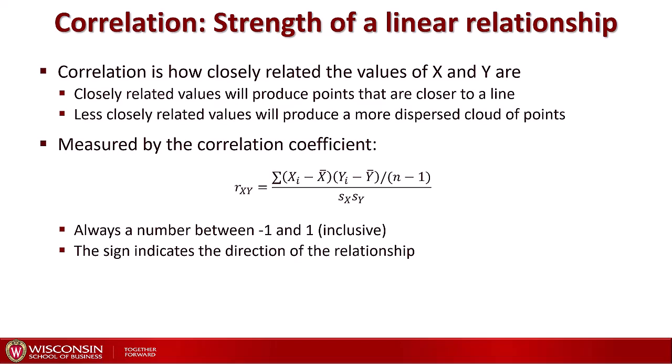First, it's always a number between -1 and 1. A correlation of exactly 1 or of exactly -1 indicates that the points are exactly on a line and that this line is not flat. If it's 1, it means the line goes up. If it's -1, the line goes down. So the sign indicates the direction of that relationship.